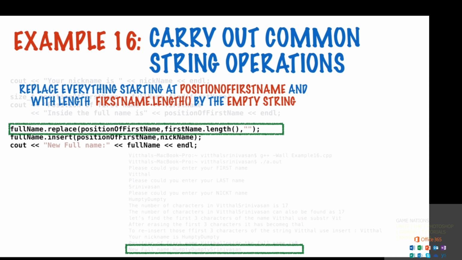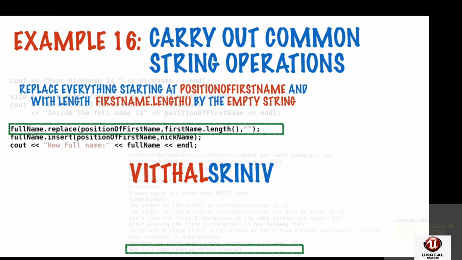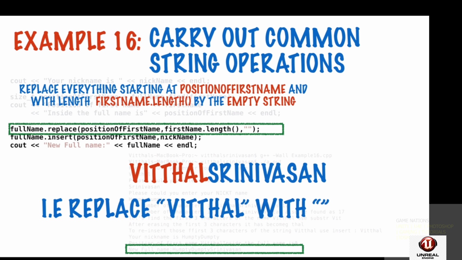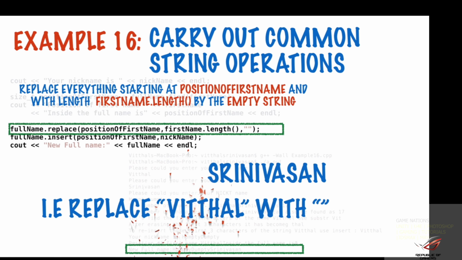We first replace everything starting at the position of the first name, which we just found, with the empty string. We do this for how many characters? For the number of characters in the first name, i.e. first name dot length. The result would be to change the contents of the full name variable from Vittal Srinivasan to just Srinivasan. Why? Because all of the characters in Vittal have been replaced with the empty string.